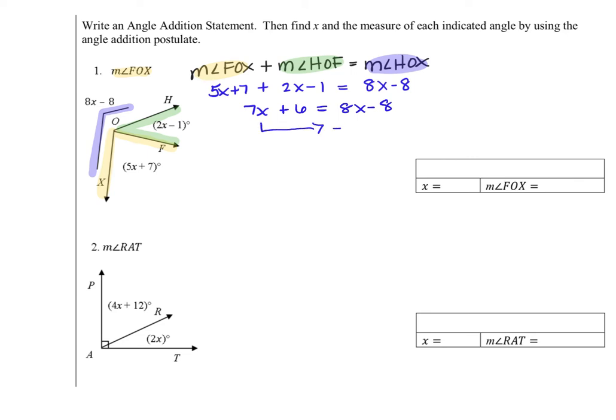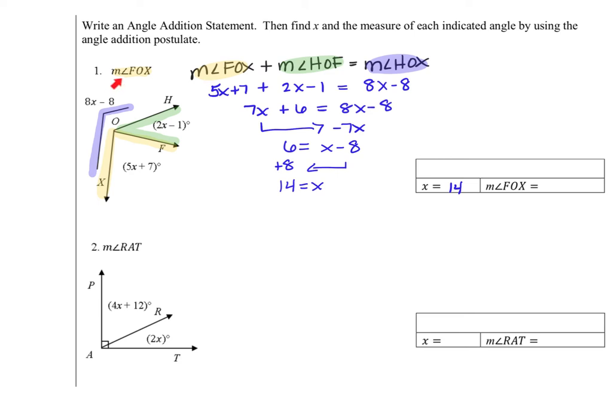So I'm going to subtract the 7x over to make sure that my x term has a positive coefficient. So that would give me 6 is equal to x minus 8. And then I'm going to add the 8 over, and we get 14 is equal to x. And you want to make sure we write that down in our little answer box over here.